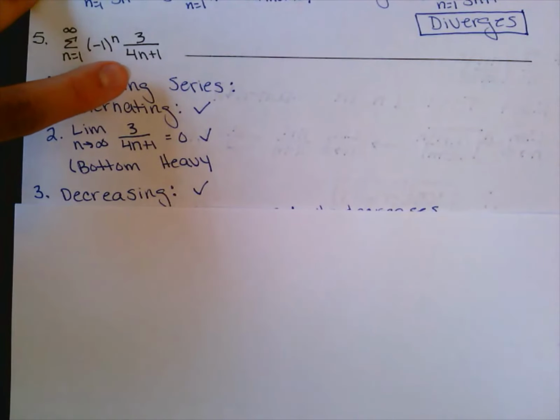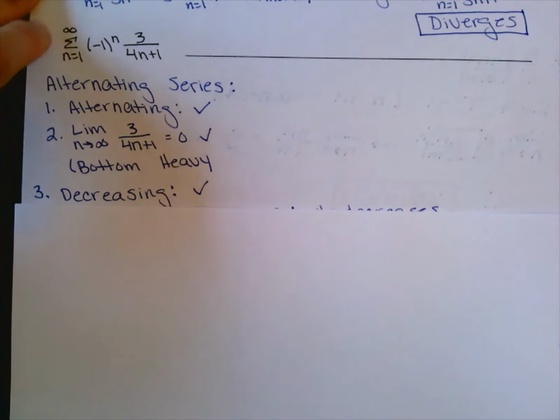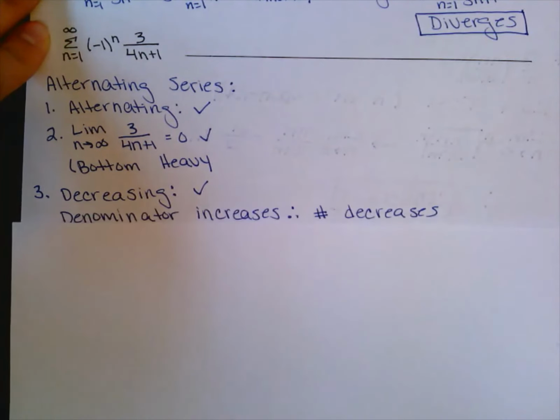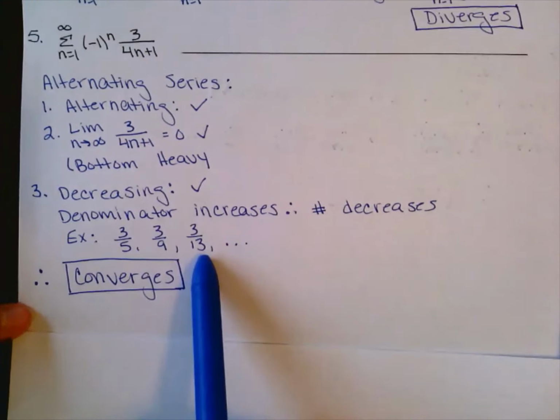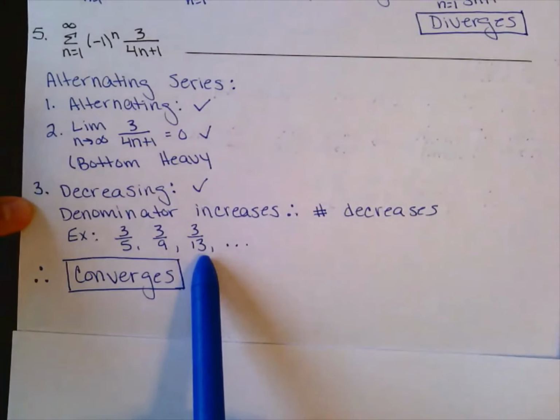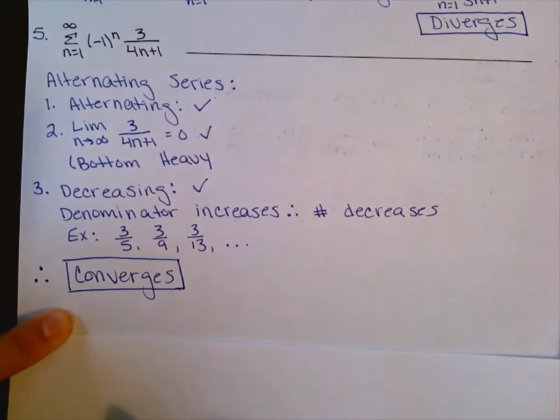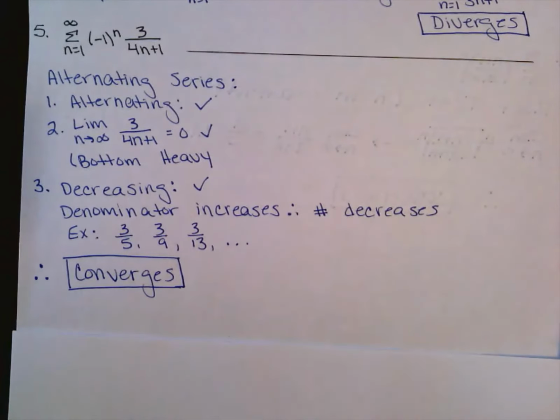Because I have that times 4 and plus 1 in my denominator, that means my denominator is going to get bigger and bigger and bigger. And if my denominator is increasing, then my entire number is decreasing, okay? All right. And I showed you an example with a few numbers. And in alternating, if you can prove all 3, you prove that the entire series converges.